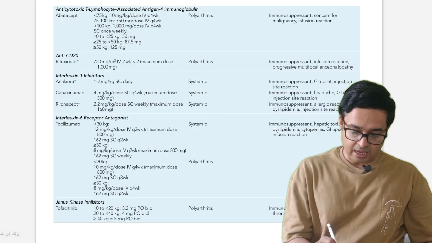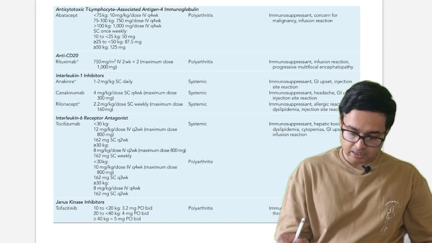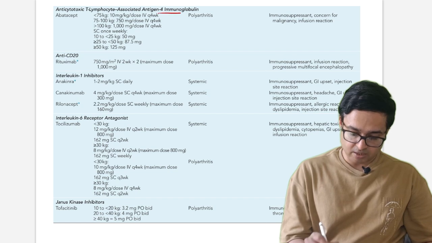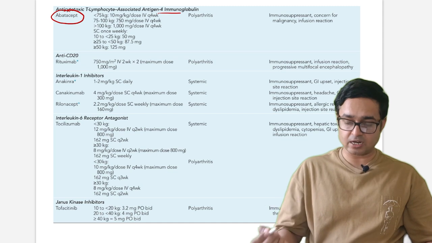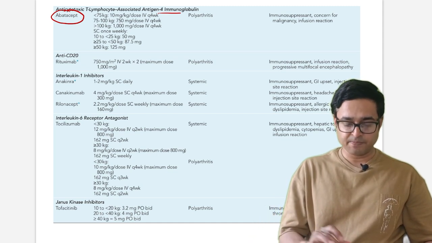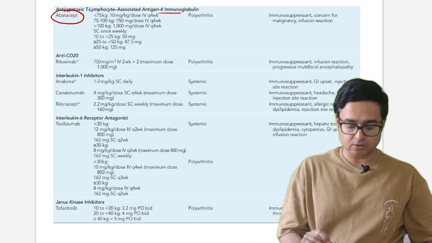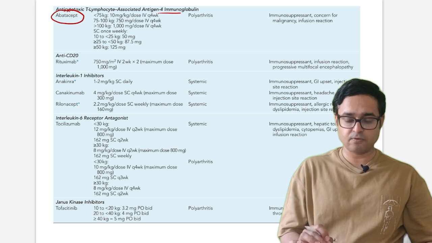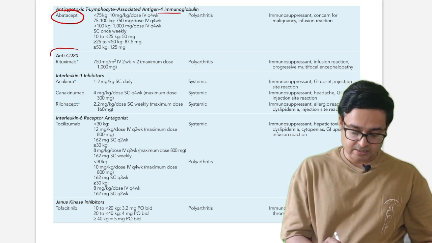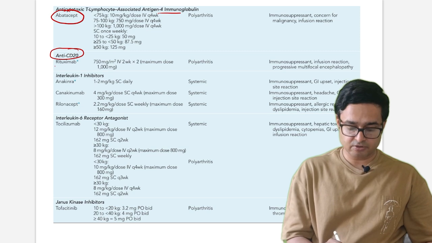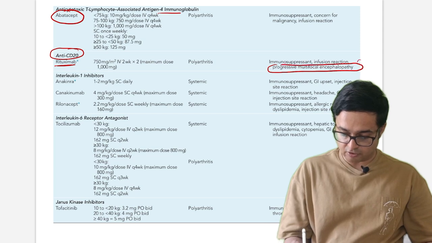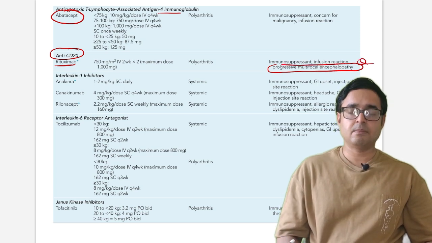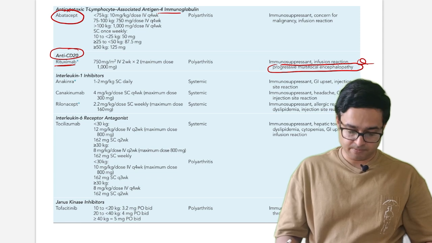Next, anti-cytotoxic T lymphocyte associated antigen 4 immunoglobulin. They will ask in which category abatacept is, and you have to answer: this is anti-CTLA-4 immunoglobulin. Anti-CD20, our beloved drug rituximab. The important side effect is progressive multifocal leukoencephalopathy. So PML is an important side effect of rituximab.